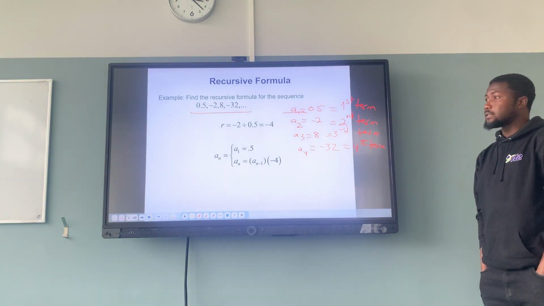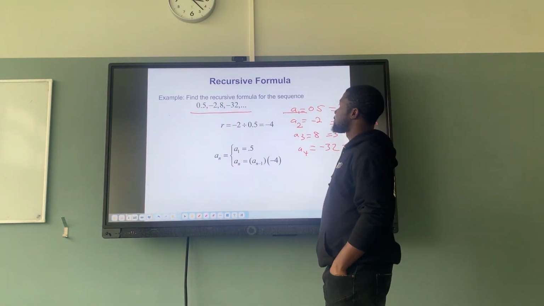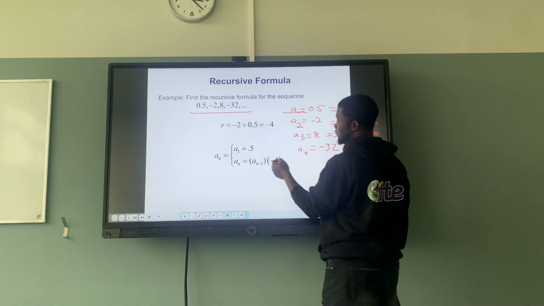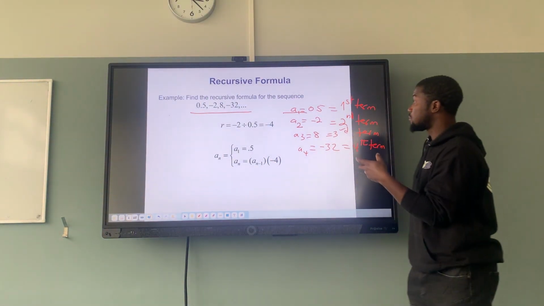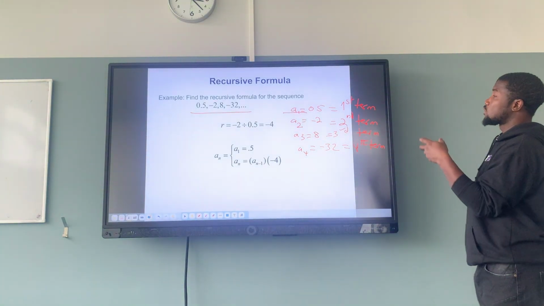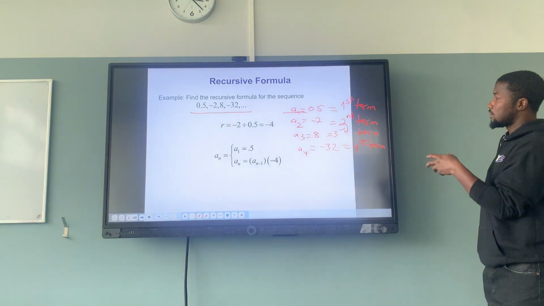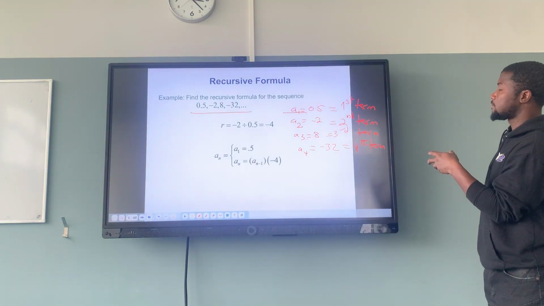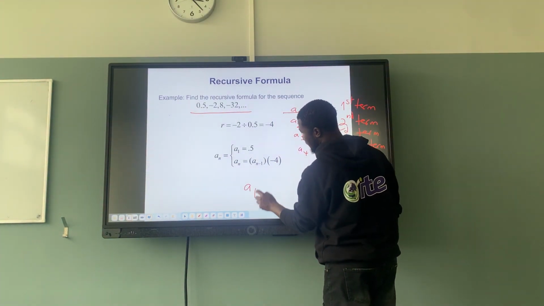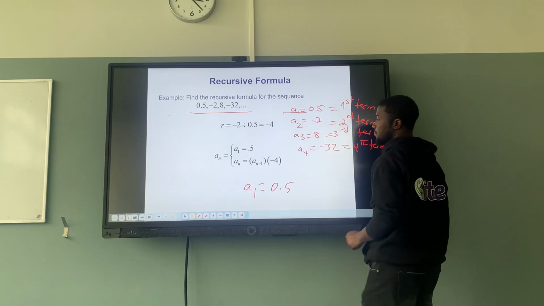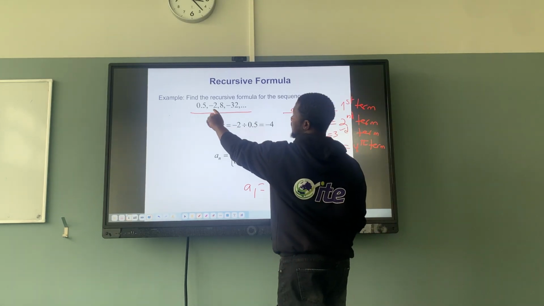For the recursive formula, because we are finding a formula, you need the first term and you also need the common ratio. In this case, the first term is 0.5, and the common ratio r is found by dividing minus 2 by 0.5.